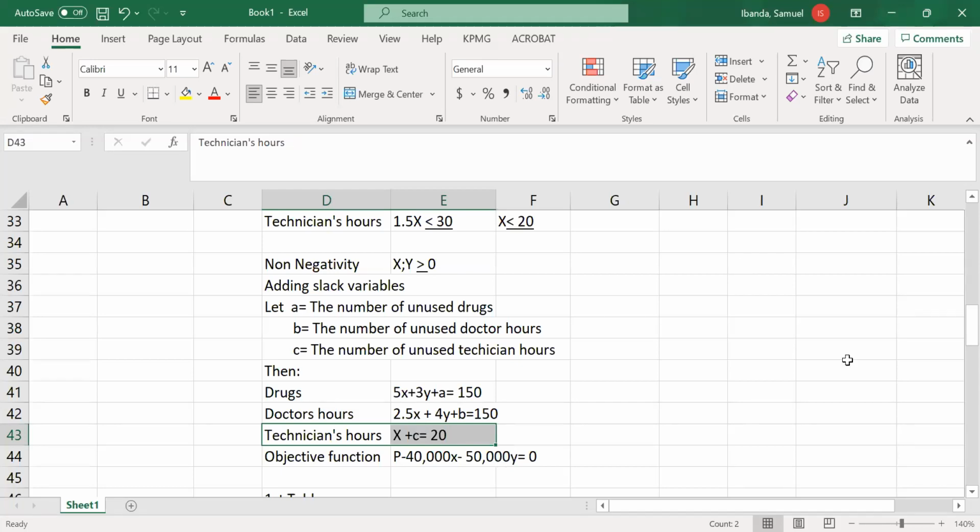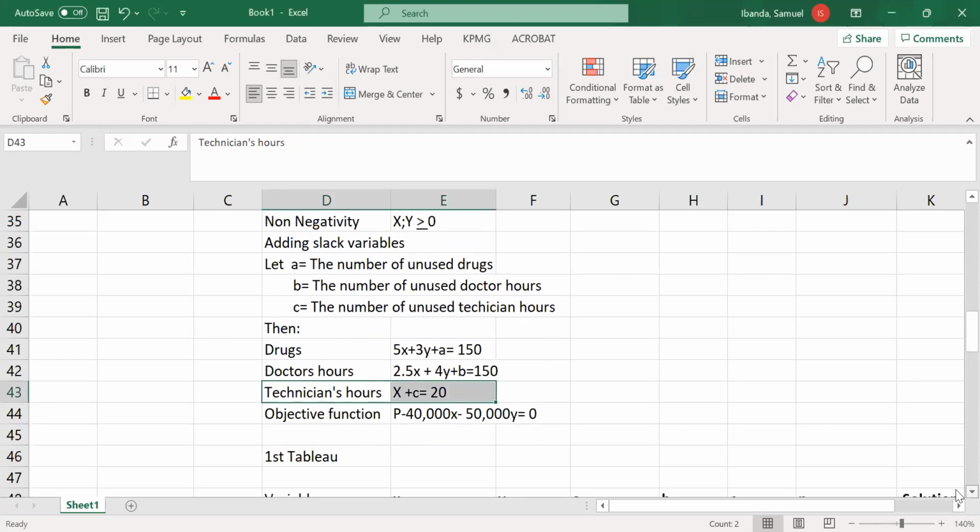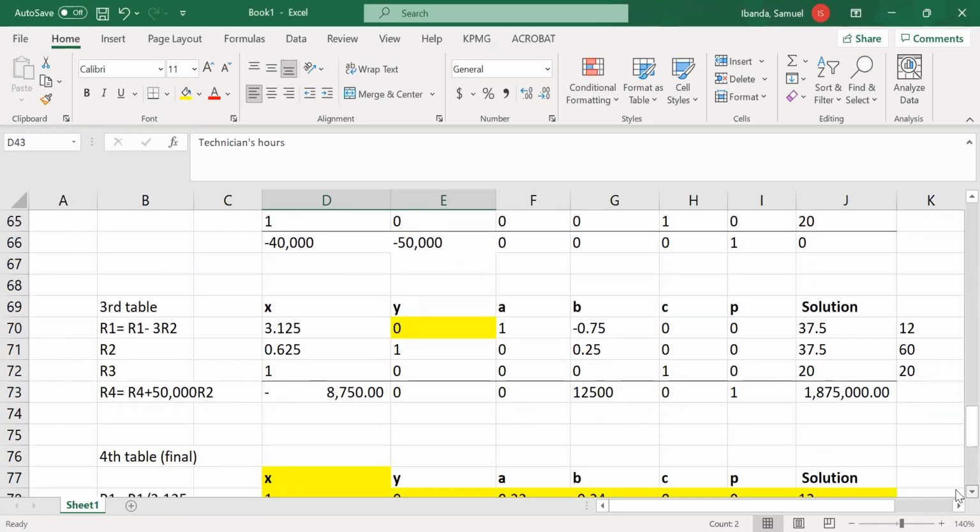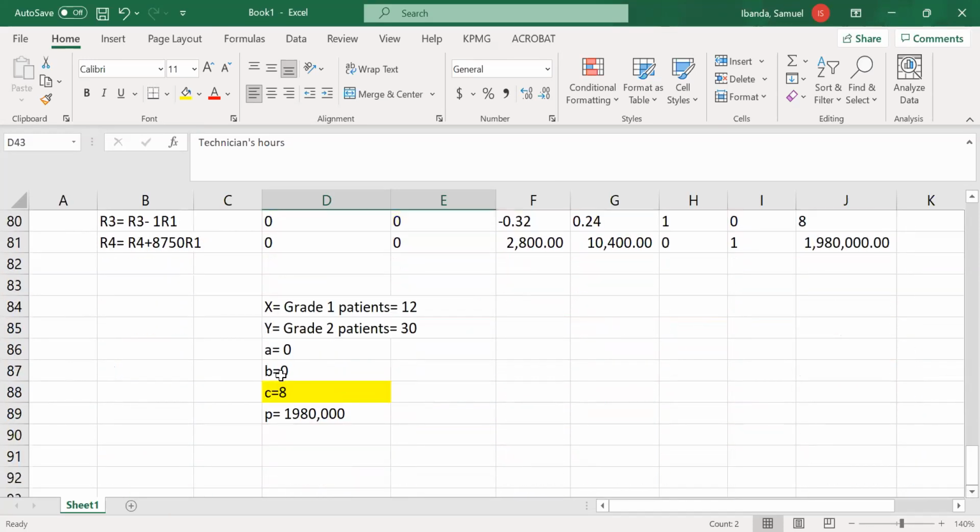So the C that we have gotten, which is the number of hours under lab technician, is our spare capacity. Basically what you can call the redundancy.